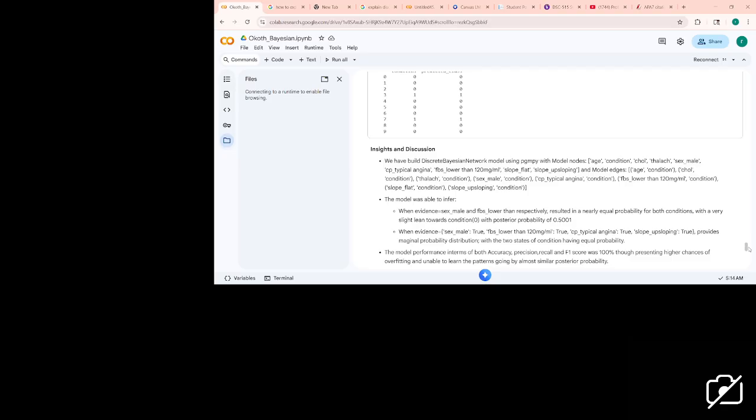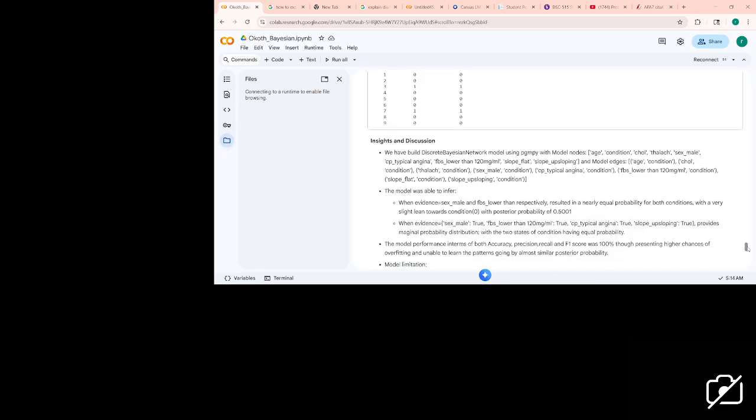And when we compared evidence of several variables, it was able to provide marginal probability distributions with the two states having equal probability, equal chance of occurrence.